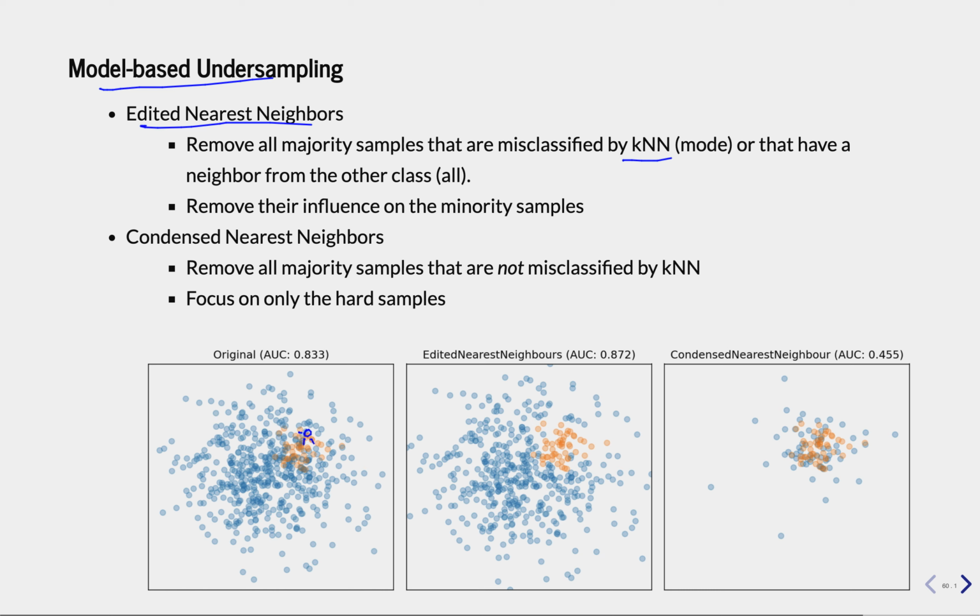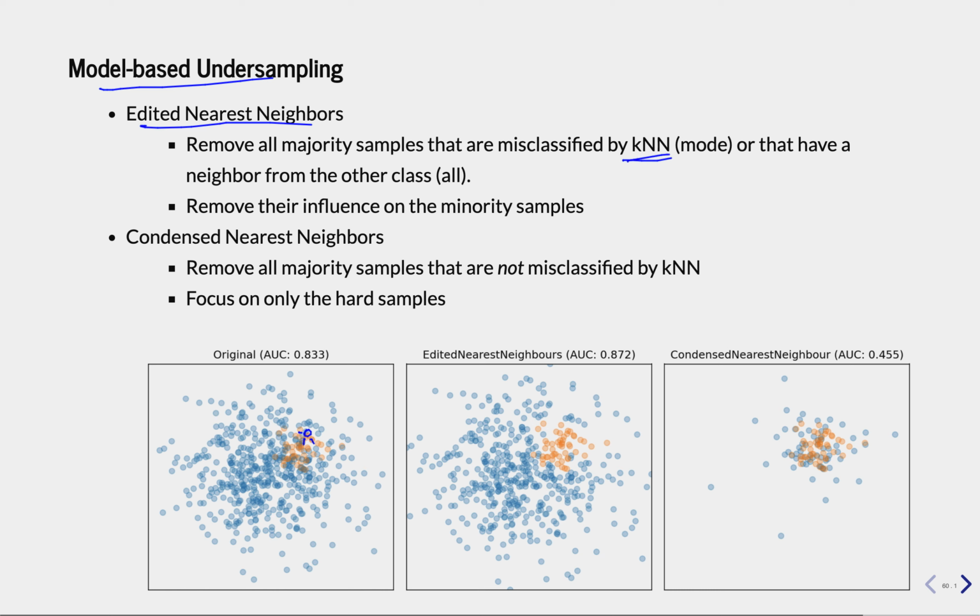If this point is misclassified by KNN, then it is possibly a noisy point. It's a blue point in an orange region, right? And then we remove that point from the data set, or from the balanced sample.